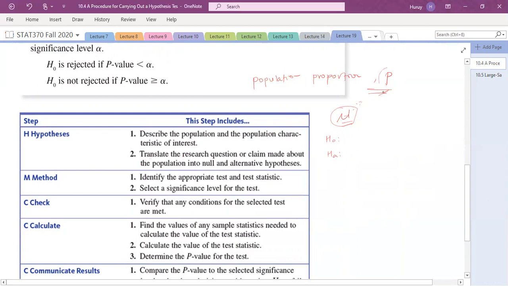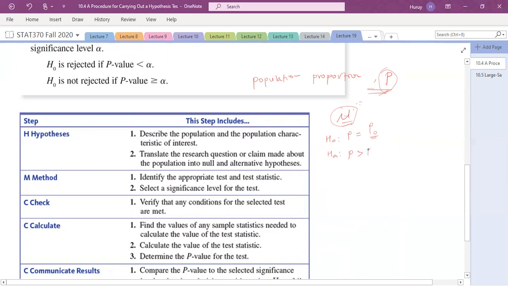So for example, if this is the population characteristic of interest, then I would write P equals some hypothesized value, P sub naught, versus we have three options for the alternative hypothesis, and depending on the claim or on the problem, we choose one of them.